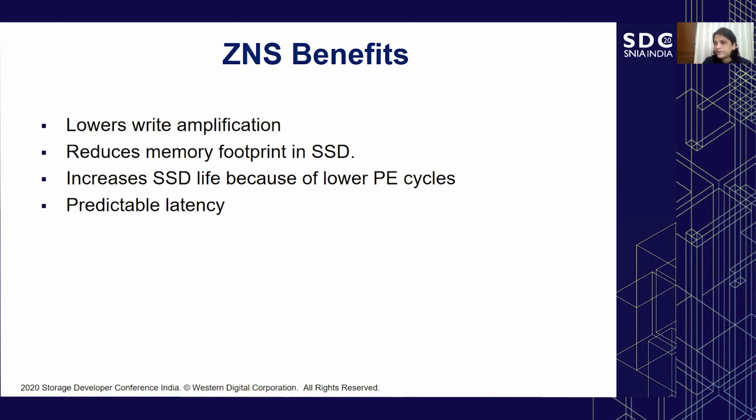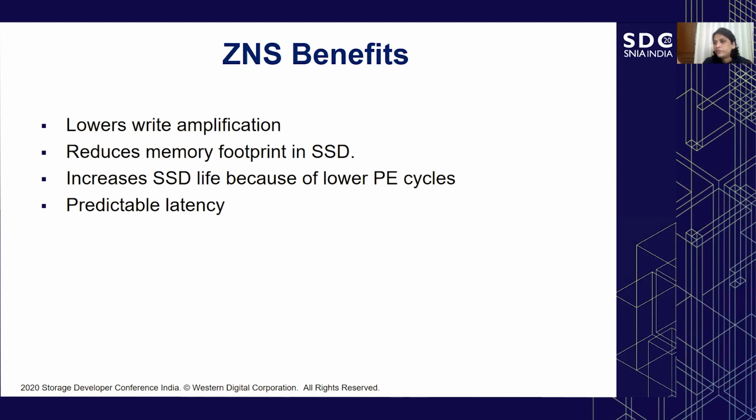And also in conventional SSDs, the over provisioning of the SSD is typically like 7% to 28%. So what we are saying is that we are paying 7% to 28% more for the NAND that we get, because that much NAND is there, but it is not available to the user.